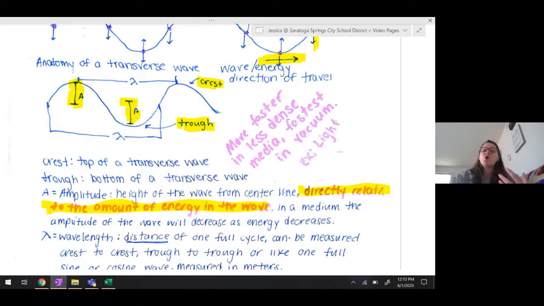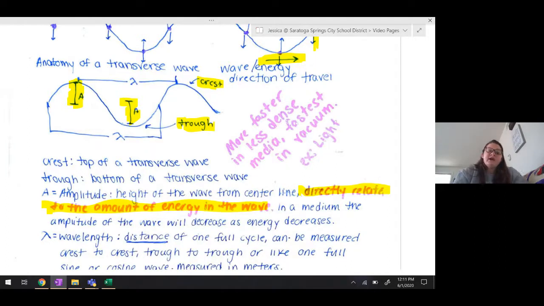So with every bob up and down, we lose a little bit of that wave energy, which is why mechanical waves can't continue on forever like electromagnetic waves, because they are essentially dissipating energy to their surroundings. So the amplitude ends up decreasing and the energy ends up dissipating into its surroundings eventually.